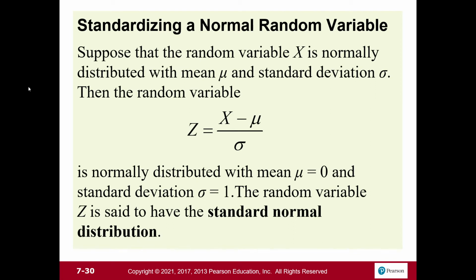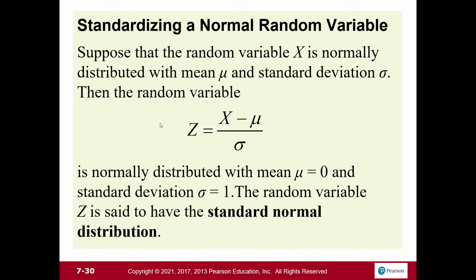If you're using the tables, then you will have to standardize your score, because the table scores are standardized, and that's how you're able to locate your score as it pertains to your problem. The formula to standardize your score is simply to take your x value, subtract the mean from it, and divide by the standard deviation, and that will be called your z-score.